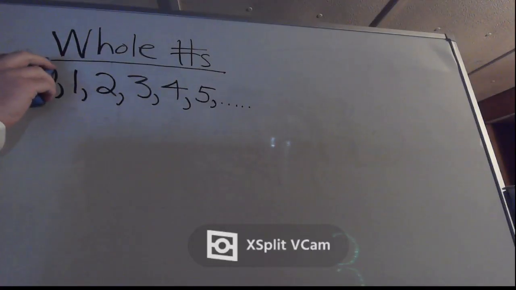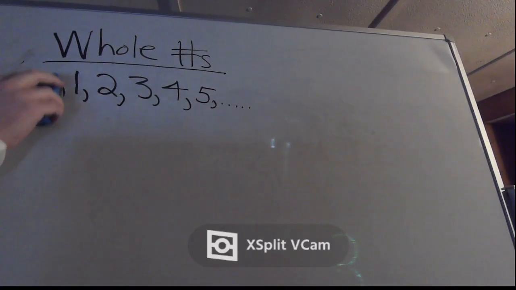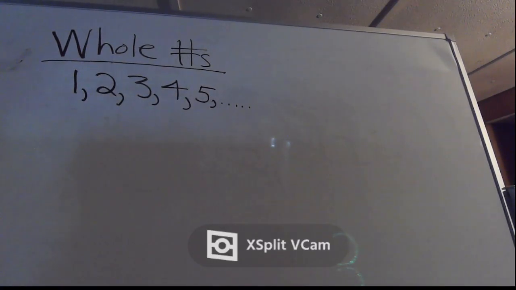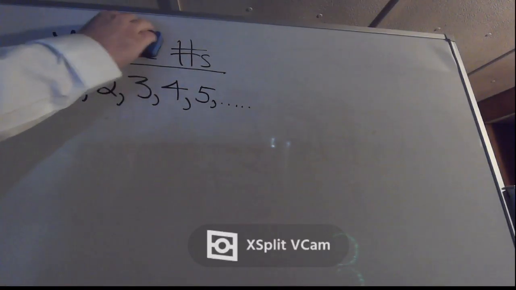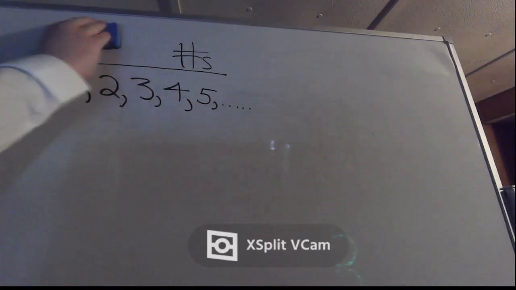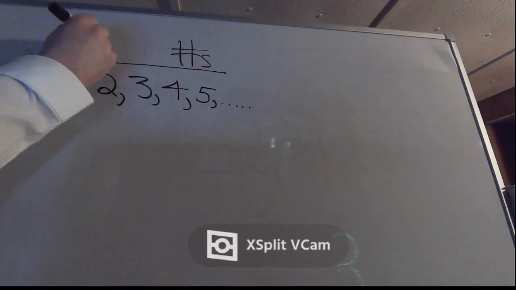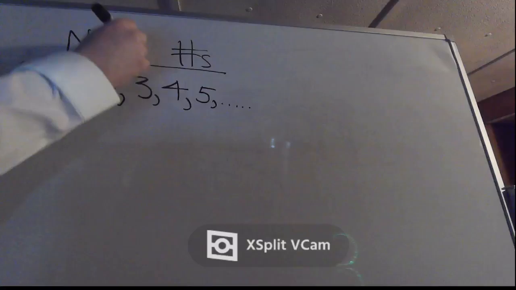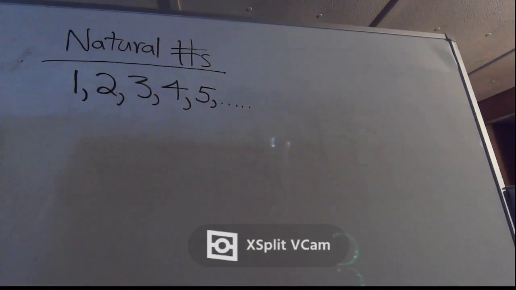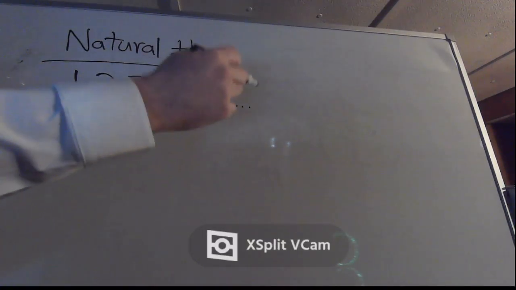Now, if we take off the 0 and we go from 1, 2, 3, 4, 5 on, we end up with what's called natural numbers. Natural numbers are really your counting numbers. Whole numbers are the set of natural numbers plus 0. But natural numbers are going to be 1, 2, 3, 4, 5 on.